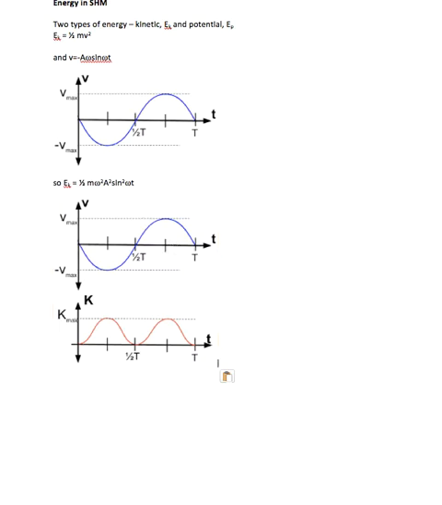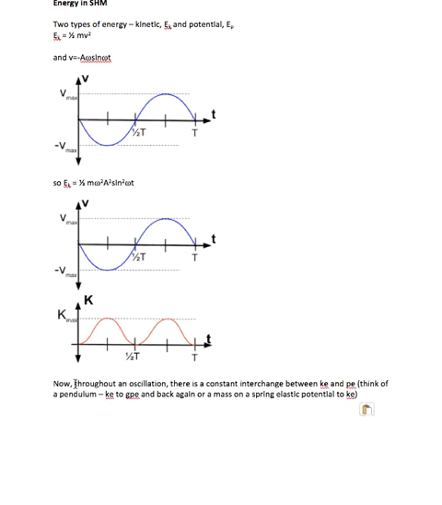Now, we know that there's going to be a constant interchange between kinetic and potential. If you think about a mass on a spring, or you think about your pendulum, there is a constant interchange between kinetic and potential. With the pendulum, it's gravitational potential. With the spring, it's elastic potential.